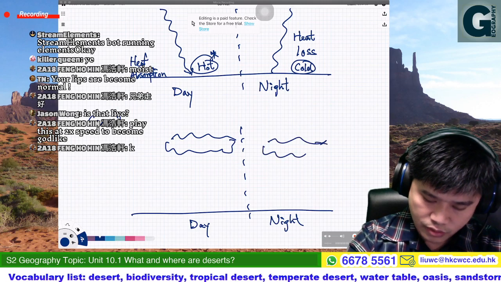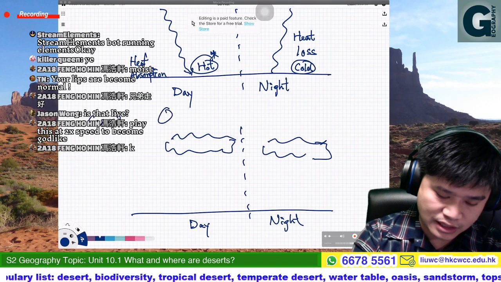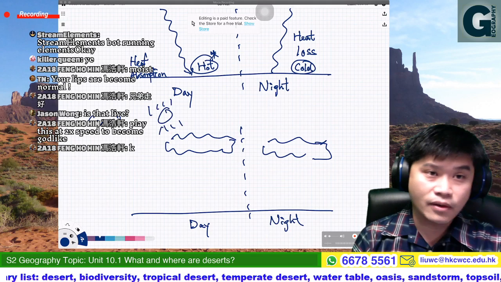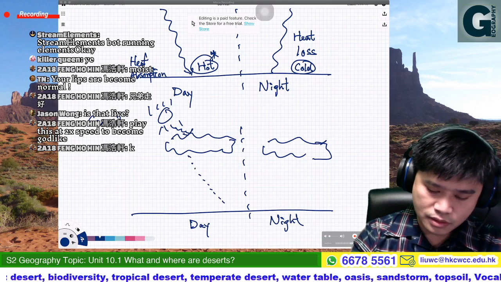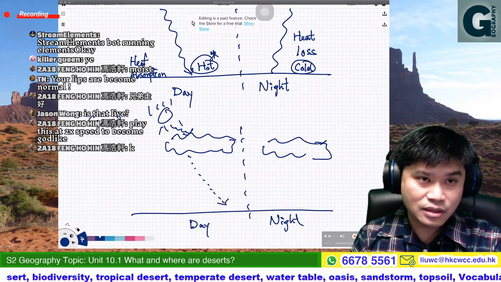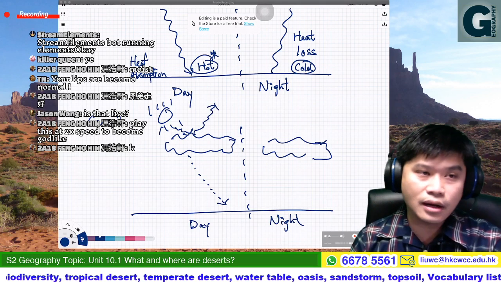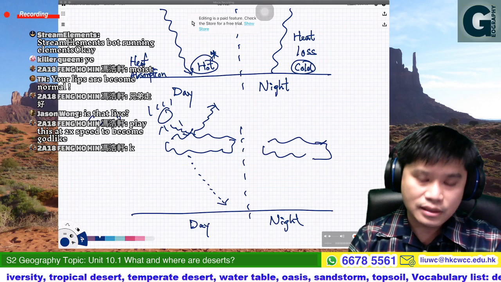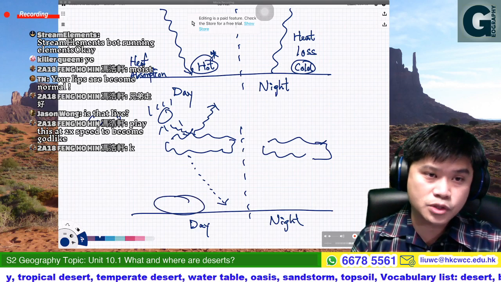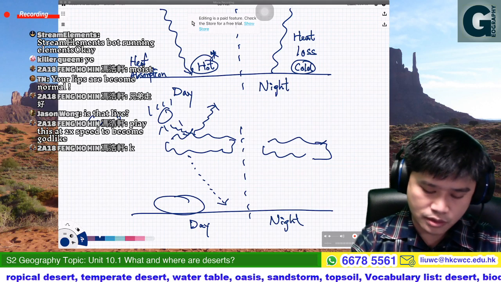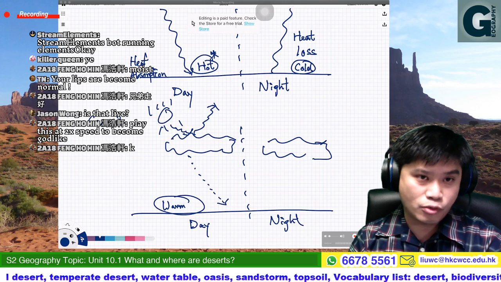At daytime, if there's sun, the cloud cover sometimes may block part of the sunlight. So the solar radiation may be reflected. The heat absorption there could not be that fast.